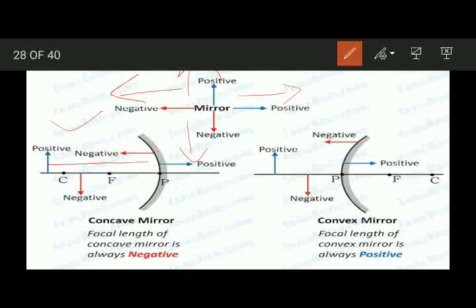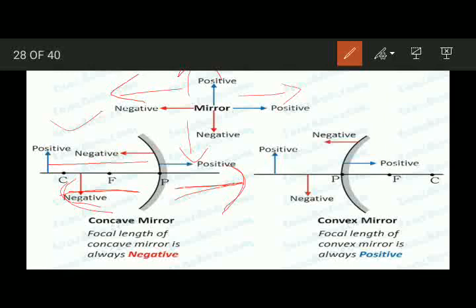Then the image is formed either on this side, that is left, or this side, right. If the image is formed on this side, that is left of the mirror, it is taken as negative, and if the image is formed on this side, then the image distance is taken as positive.